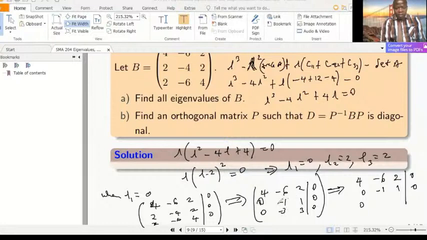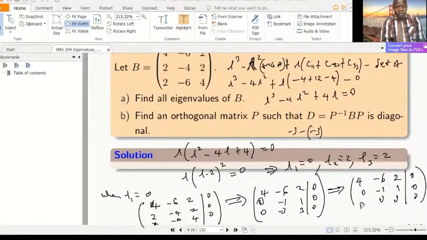So this by 3 would be -3. -3 subtract from -3, this is 0. Now this by 3 will be 3, subtract from 3, that is 0.